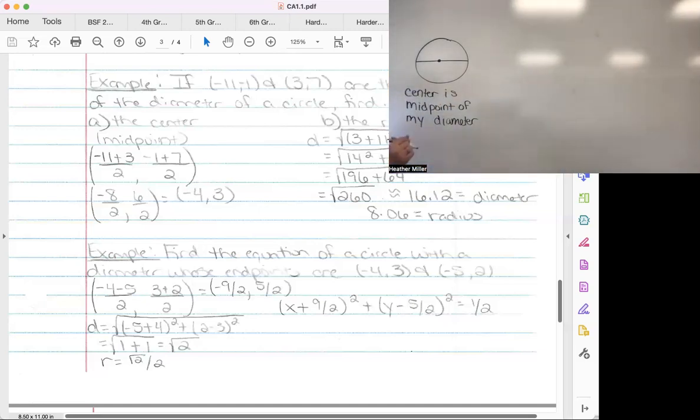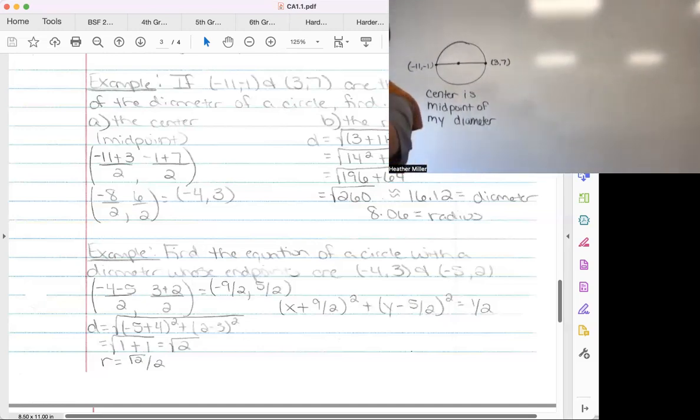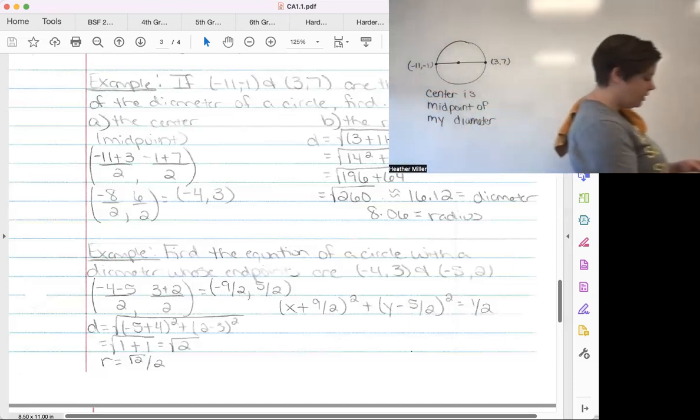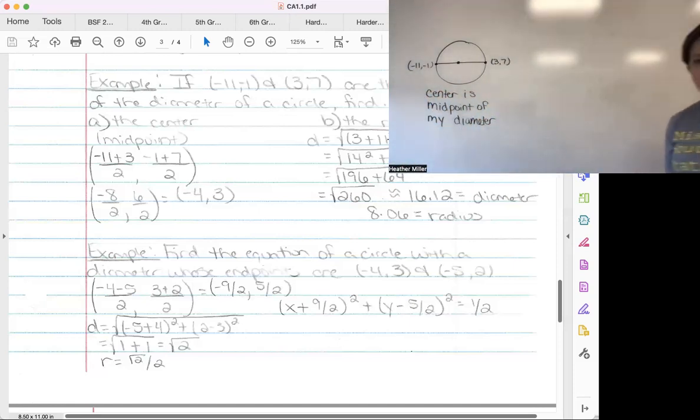So pretend, obviously this isn't accurate, that this is the point (-11, -1) and this is the point over here, (3, 7), which is what they gave us. Then we need to find the midpoint so that we find the center. And then from there, we just find the distance from the center to one of these outside points, and that'll give me my radius length. So we need to find the center first.